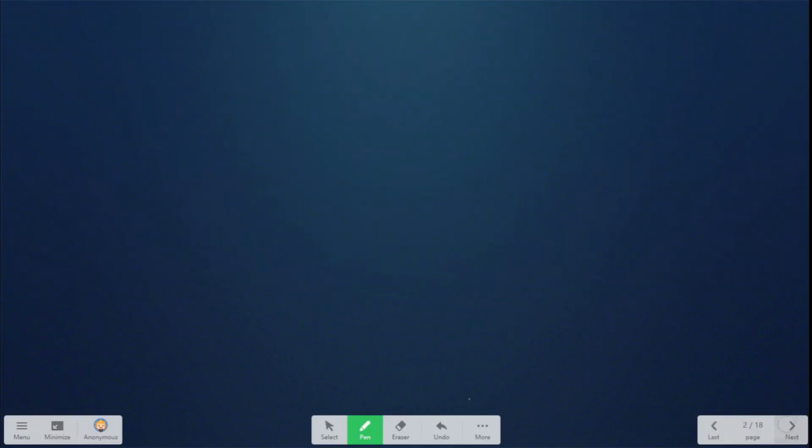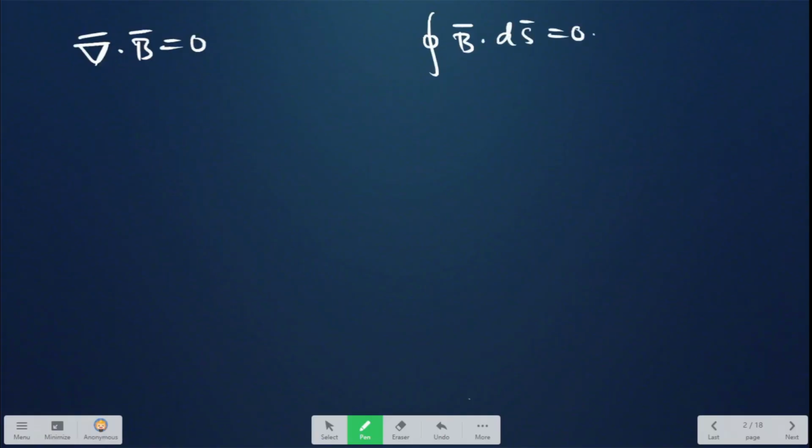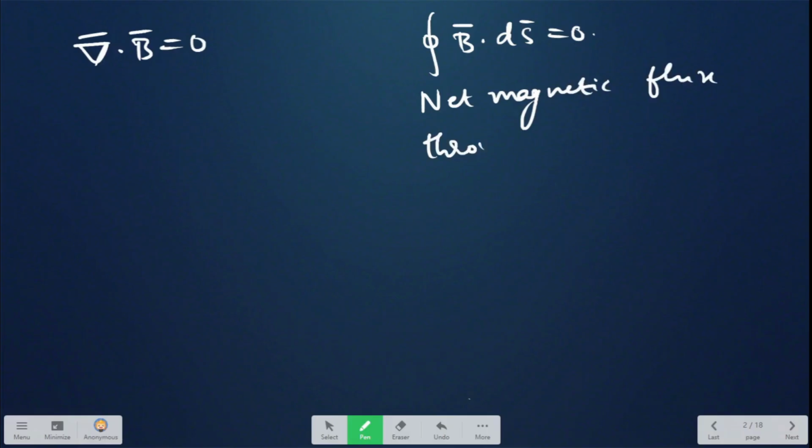Or you can do this by using Gauss's law for magnetism, which says del dot B is equal to 0, which in its integral form can be written as closed integral B dot ds is equal to 0. In words, we can say net magnetic flux through any closed surface is always 0.